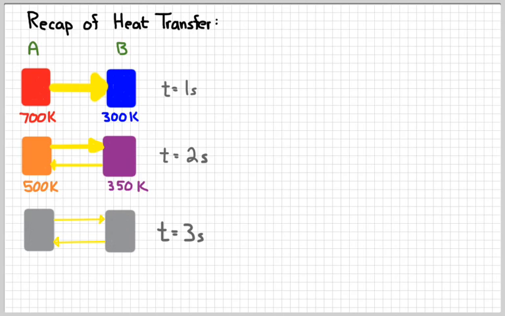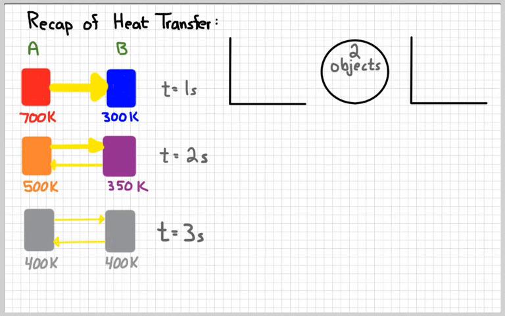At 3 seconds, those two rates of heat transfer might be equal. When that happens, the temperatures will both be the same. So maybe their final temperature is 400 Kelvin. That's when they're in thermal equilibrium.